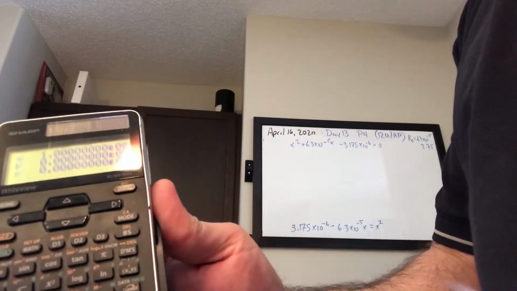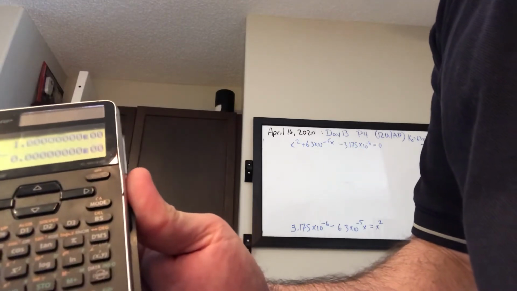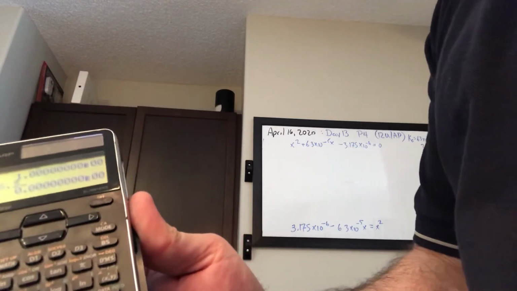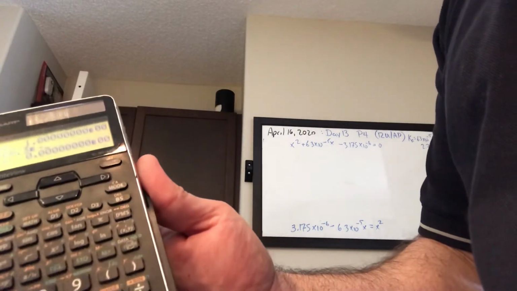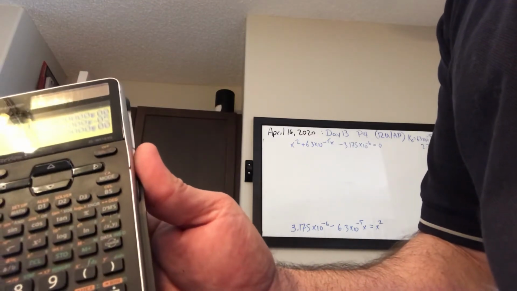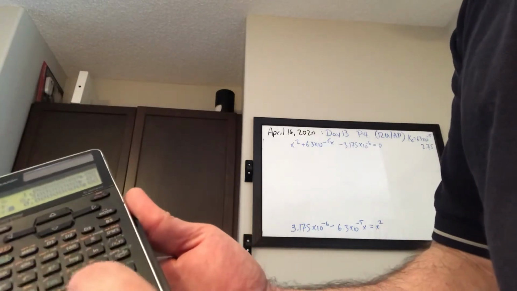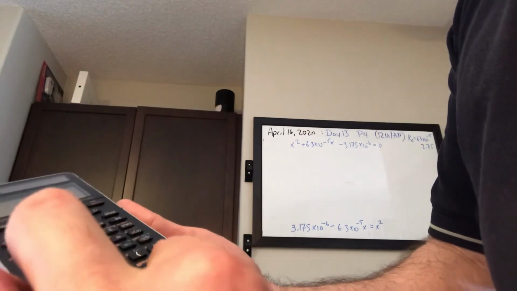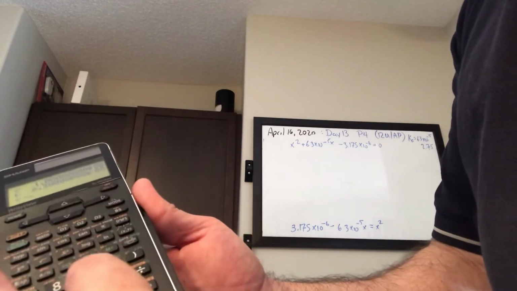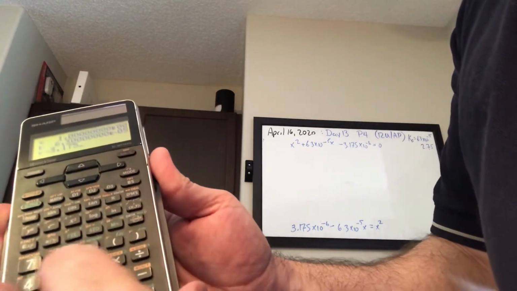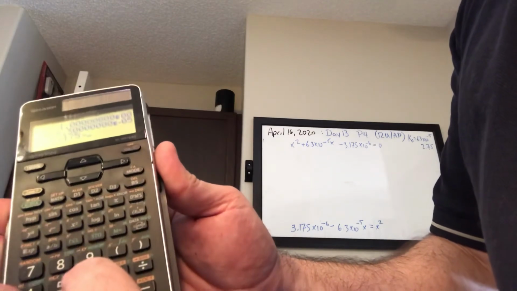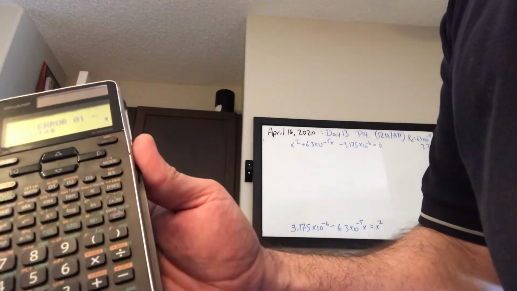The second value is 6.3 exponent negative 5. Enter that. And the third value is negative. Don't forget the negative or else you get a wrong answer. It's 3.175 exponent negative 6. Enter that. And you get a syntax error because I wasn't looking at what I was doing, but you get the picture. Let me do that again.